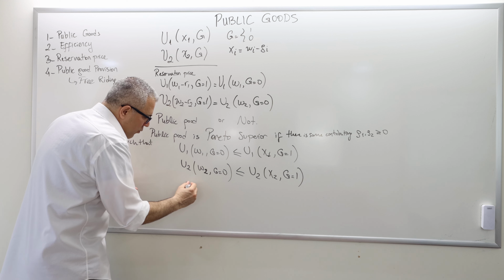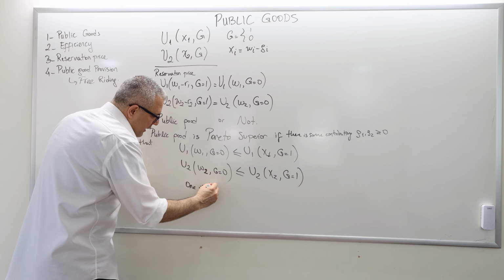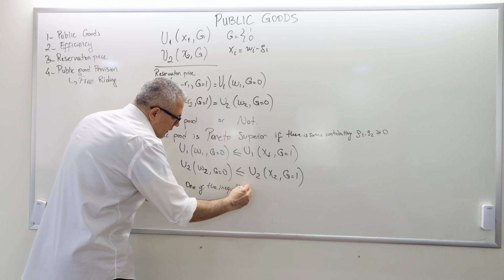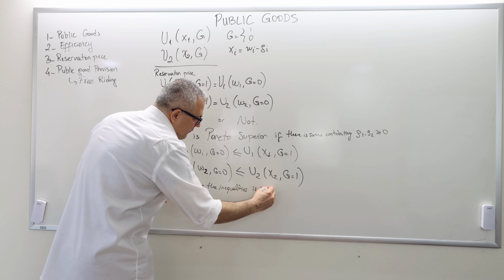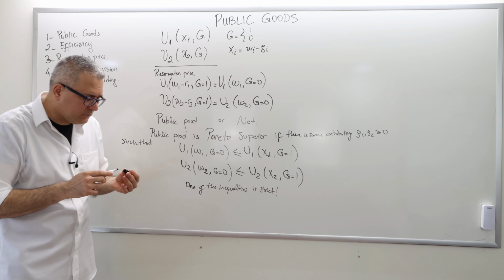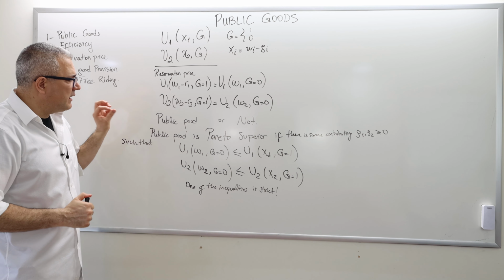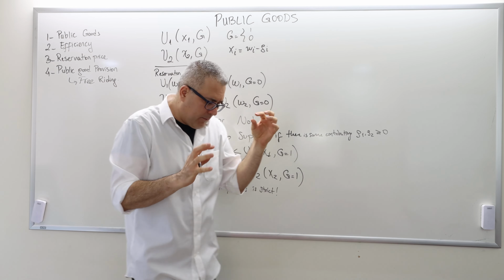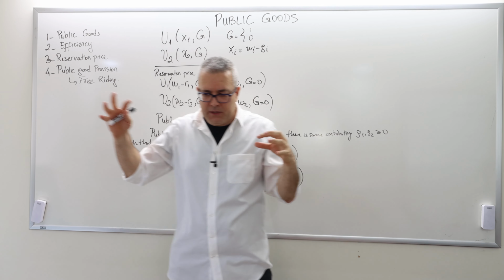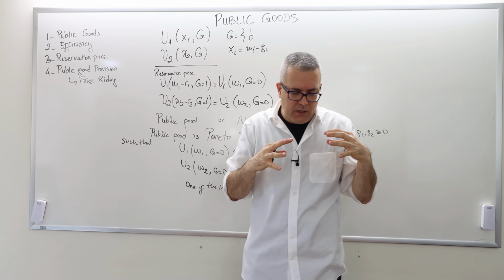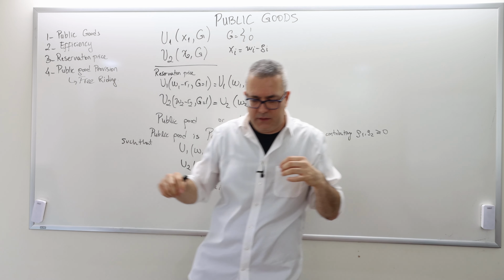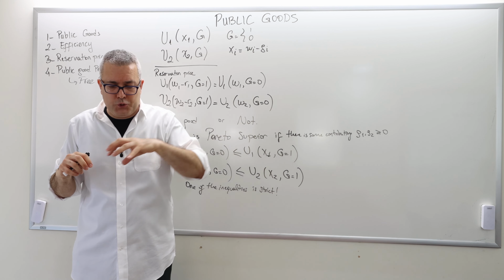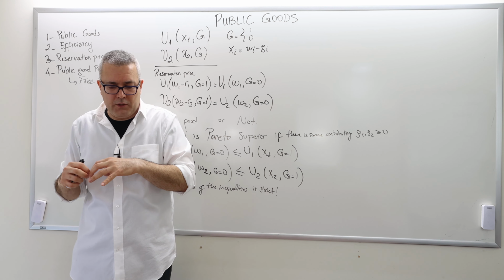So one of the inequalities is strict. Okay? So once again, building the public good is Pareto superior means we are comparing two scenarios. In one scenario, there is a public good. In the other scenario, there is no public good. So the public good is Pareto superior over no public good.